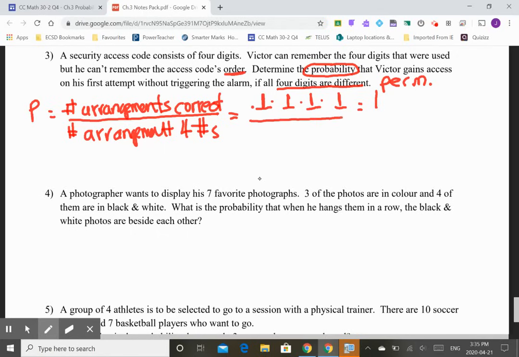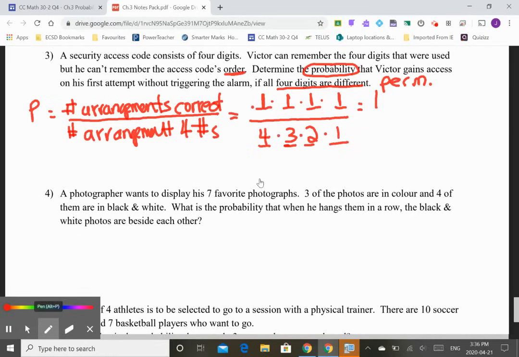In the bottom, we're going to talk about the number of arrangements with no restrictions. That means any of the 4 digits can go into the blank. That means for our first position, we have 4 possibilities. In the second position, 3 possibilities. In the third position, 2 possibilities. And in that last position, 1 possibility. We multiply them by each other.